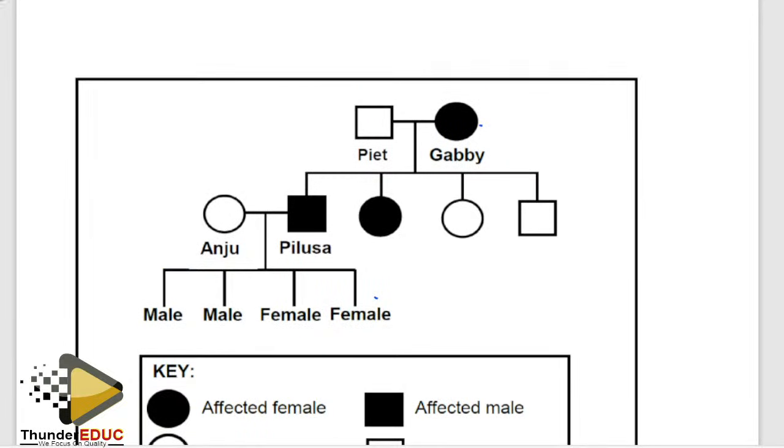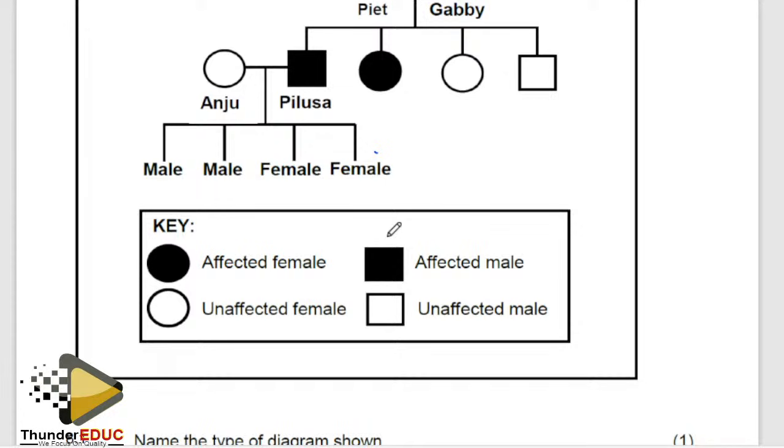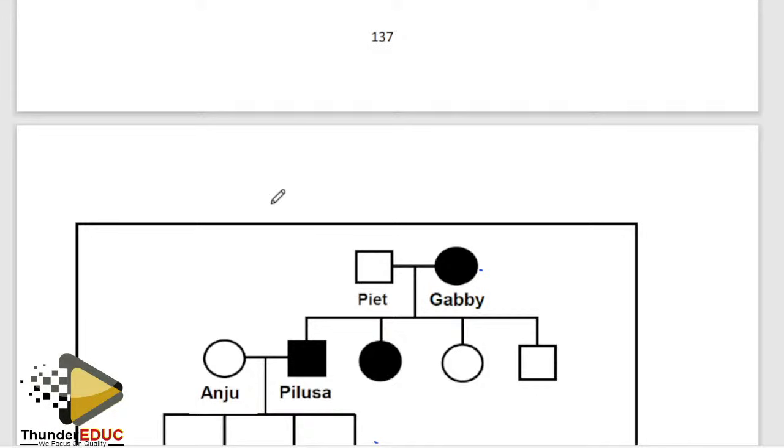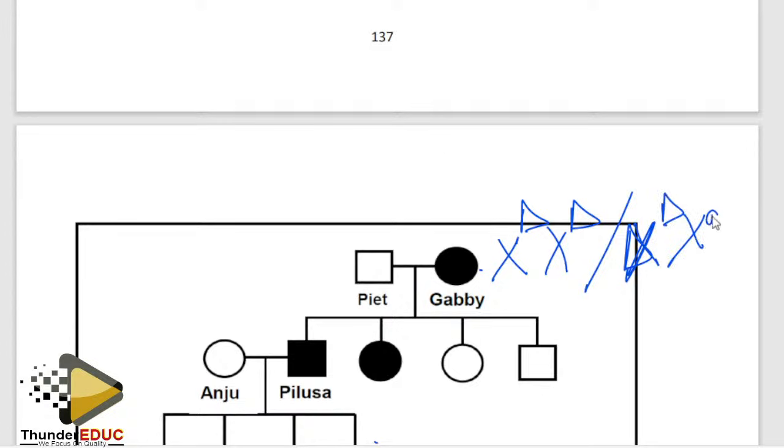All right, let's find out. Remember now they're saying that this is affected, and this is also affected, and this is unaffected. But don't forget that this syndrome is caused by a dominant allele. Therefore, these people who are affected are going to have the dominant allele, capital D, X capital D X.